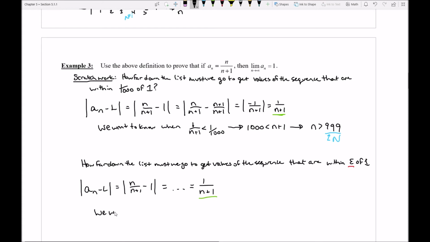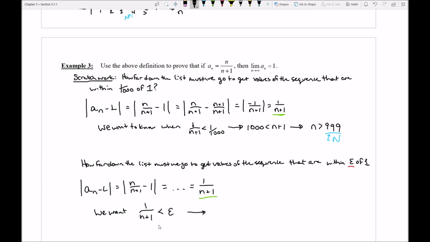So we want the size of our green gap to be smaller than not just 1/1000th, but really any number that anyone would ever tell us. Smaller than epsilon, whatever that epsilon happens to be. Notice I can still attempt to solve for the value of n.